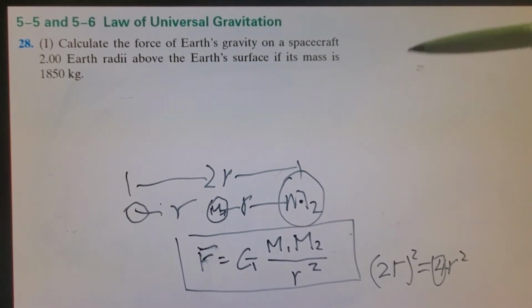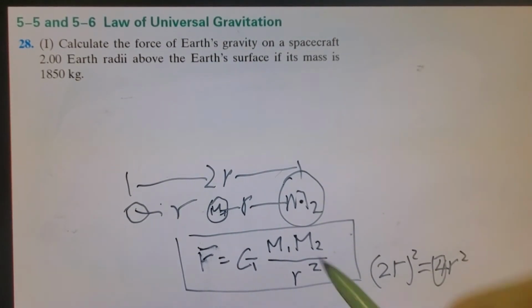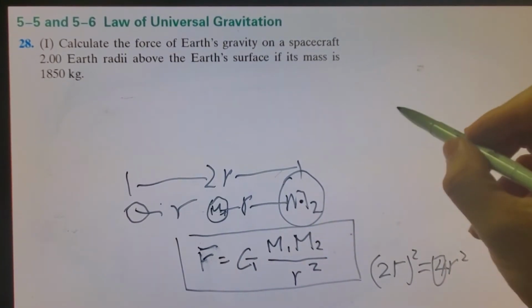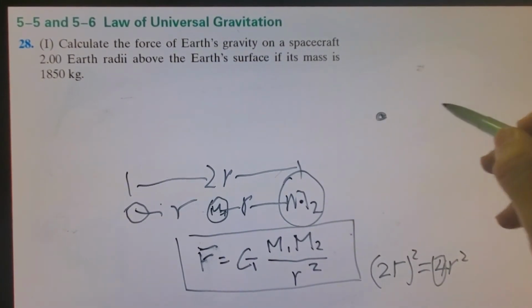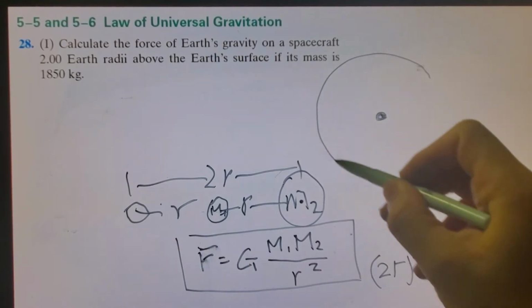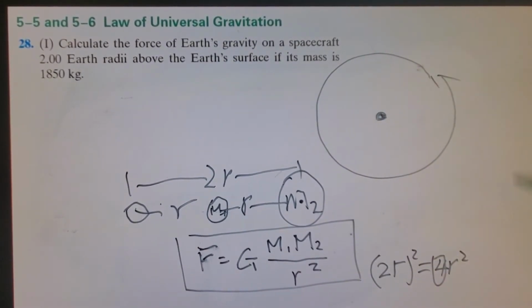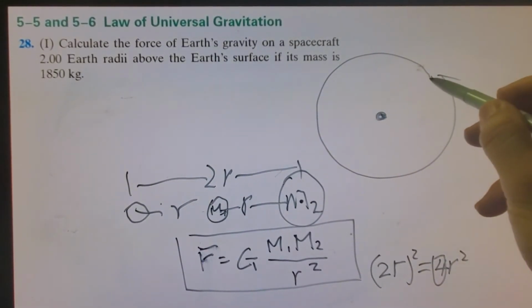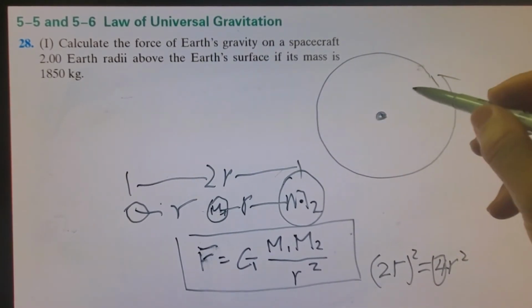So how do we combine this with the circular motion? This is the Earth over here, and you have a spaceship, I mean a satellite, for example, going around.